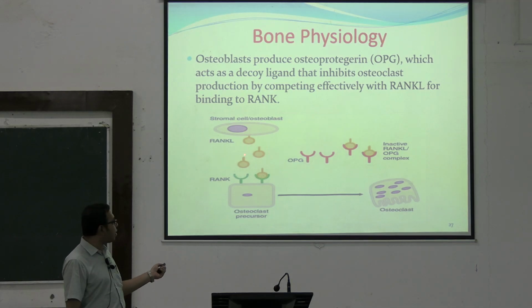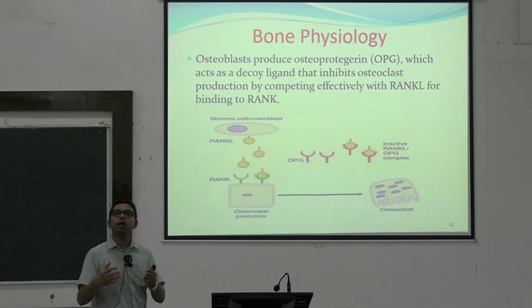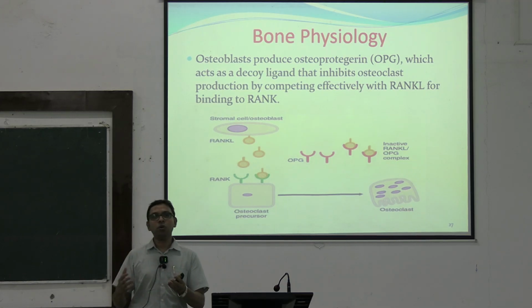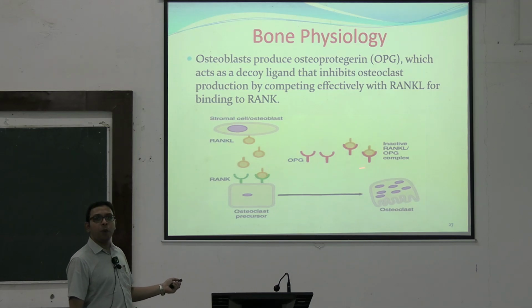This RANK ligand attaches with the RANK receptors on the osteoclast cells. When this attachment happens, there is activation of the osteoclast cells, so there will be more resorption of the bones. Usually there is osteoprotegerin.